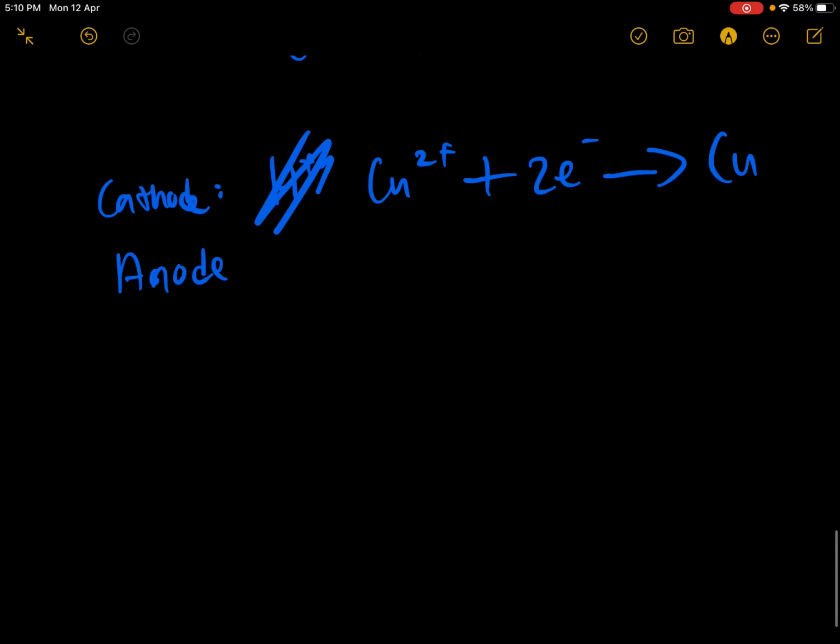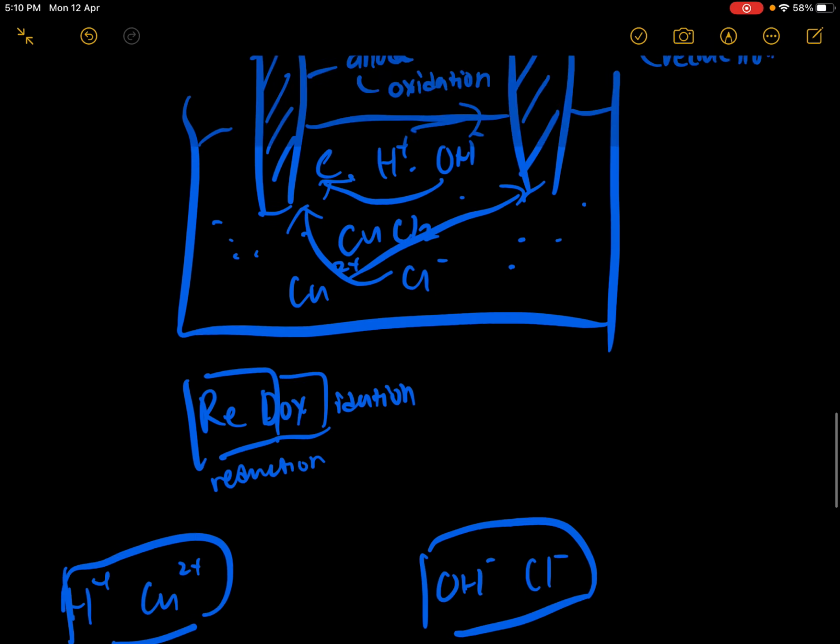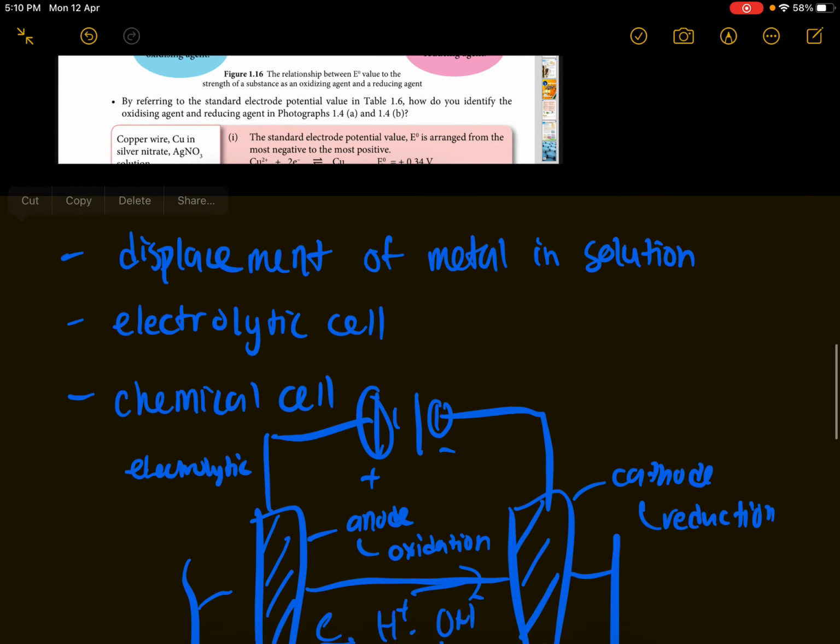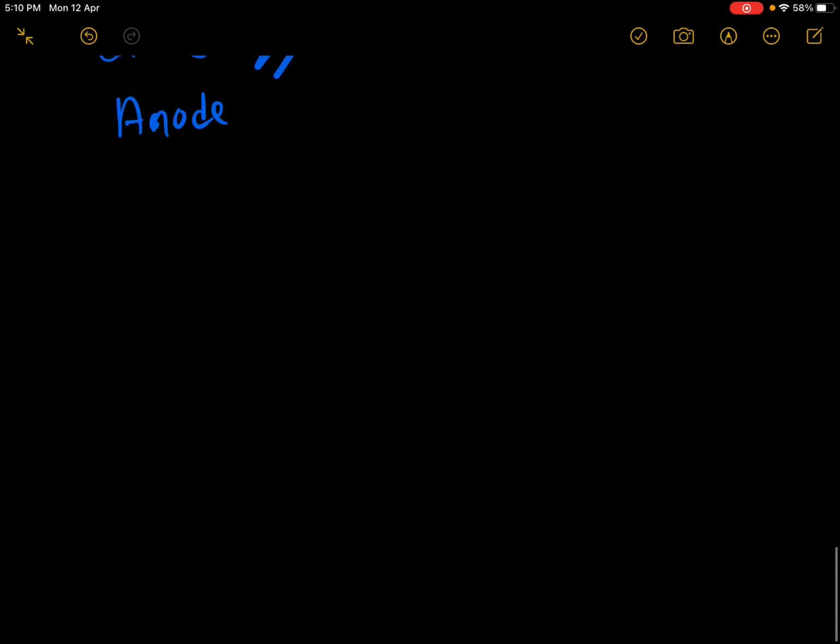Now, anode is where things get very, very interesting, because you need to consider 3 factors, and they come in this order. A: is it an active electrode? B: is it a halide?